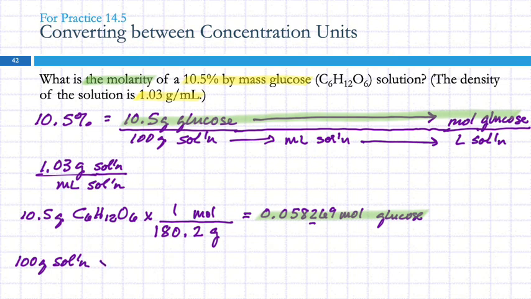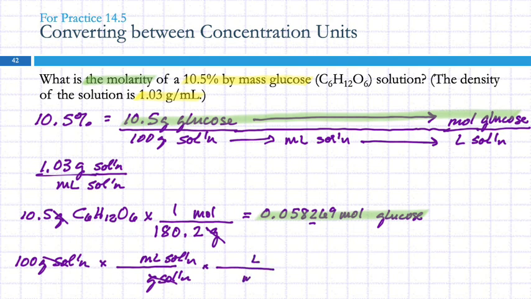And I'm going to use the density to convert. So I'm going to have grams of solution down here and milliliters of solution up there, because I'm going from grams to milliliters. Oh, I didn't cancel those units. So grams of solution, cancel grams of solution. And then I'm going to convert to liters.